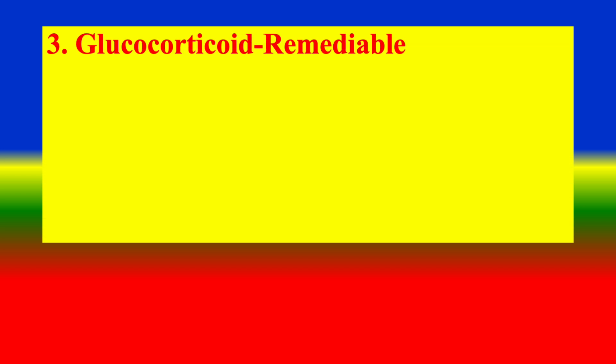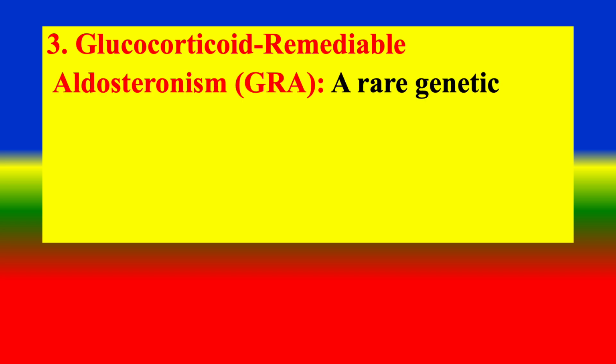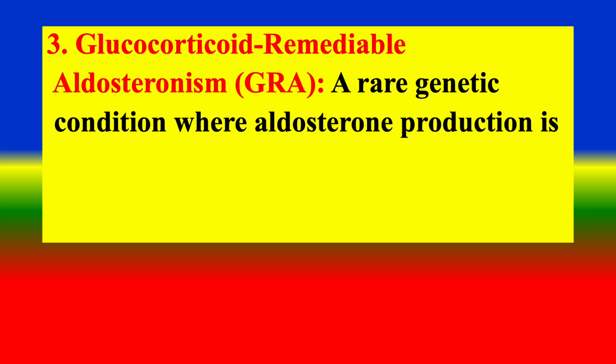Glucocorticoid remediable aldosteronism, GRA, a rare genetic condition where aldosterone production is regulated by ACTH.